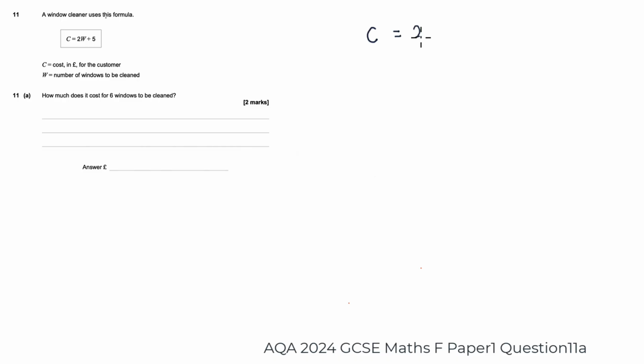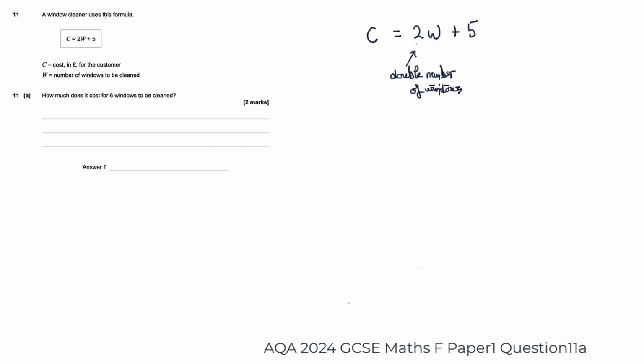What he does is in this formula. Now, what does this formula mean? Well, this says 2 times W. W seemingly is the number of windows. So this says double the number of windows.